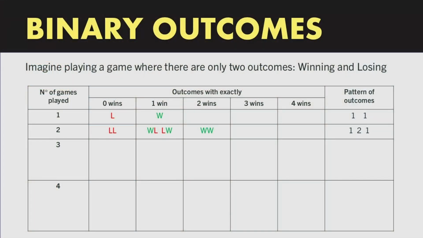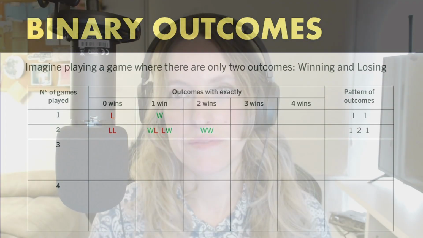So you have win-lose or lose-win. There are 2 possibilities for this. And you could win both times. So win and win. The pattern we get then is 1 outcome for winning 0 times, 2 outcomes for winning 1 time, and 1 possible outcome for winning both times.